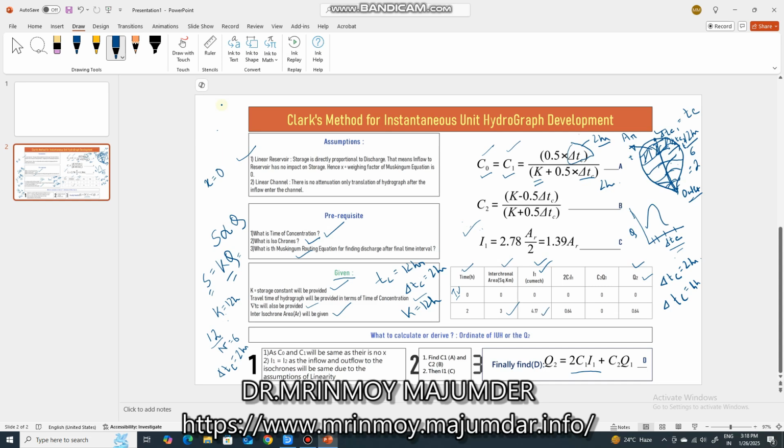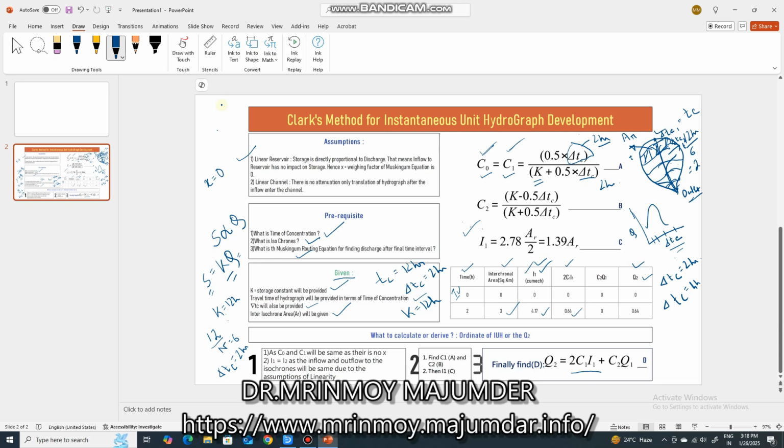It is coming to 4.17. Then C1 you know, and 2 into C1 you know because C0 equals C1. Multiplied by I1, it comes to 0.64.